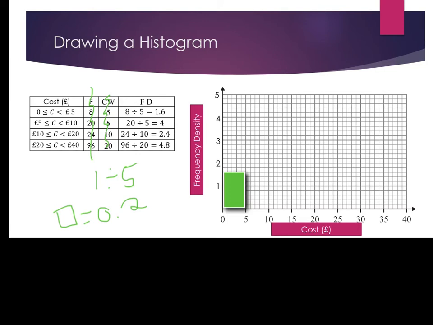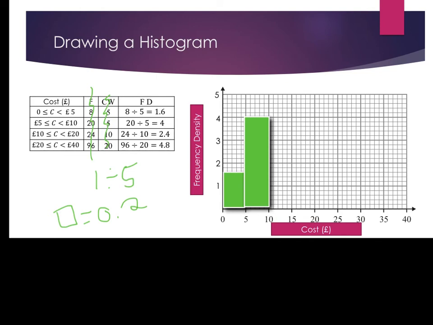Next one is between 5 and 10. It's going to go up to 4. So we've got 4 between 5 and 10. And we've drawn it. And the next one is between 10 and 20. So now we're going to have a bigger width of our bar.